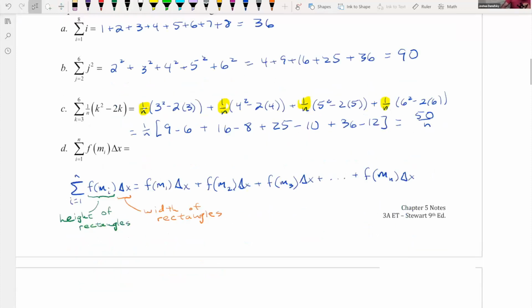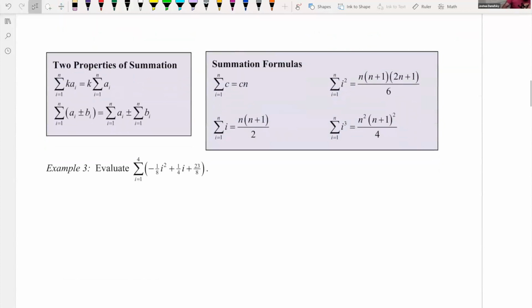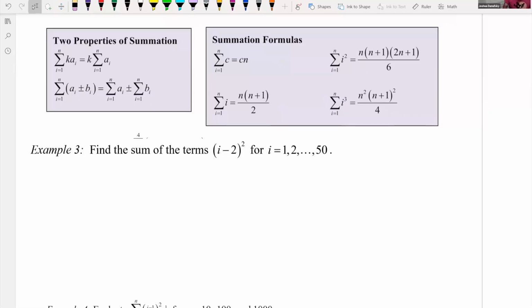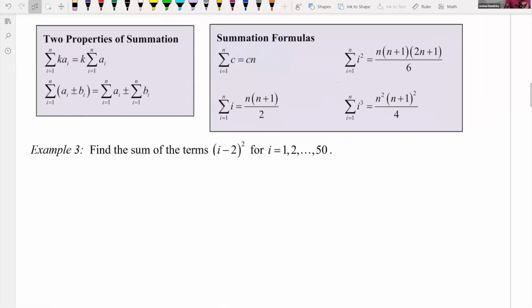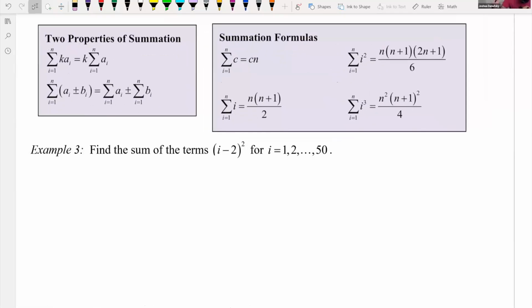Okay, now let's go ahead and look at some properties of summation and some summation formulas that will allow us to add up a whole bunch of rectangles or areas of rectangles in an easier fashion, and then apply them to an example. So here we have two properties.